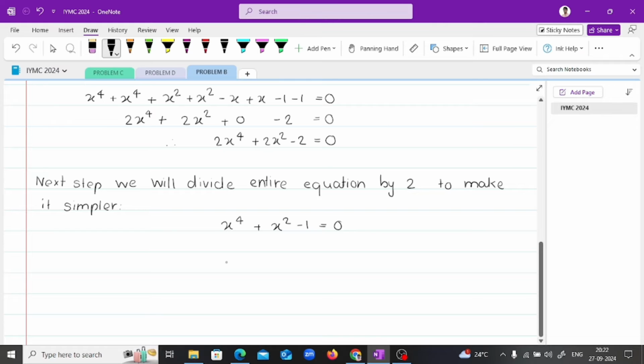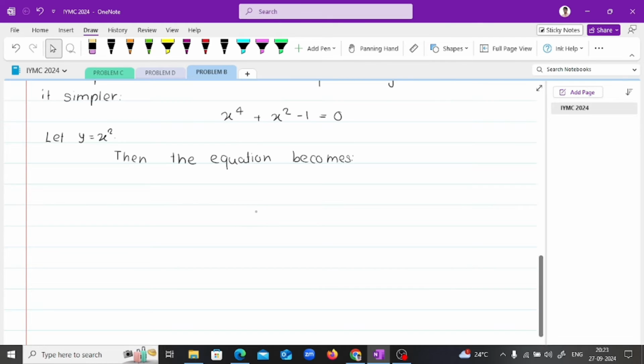Okay, so we can convert this equation into a quadratic equation by substituting y is equal to x square. So let y is equal to x square, then the equation becomes: I can write this equation like x square raised to 2 plus x square minus 1.